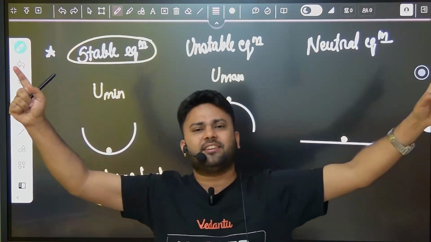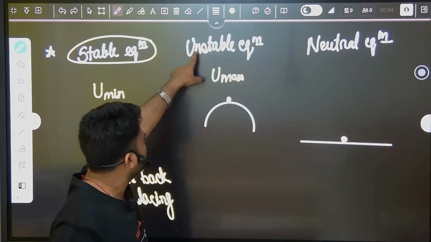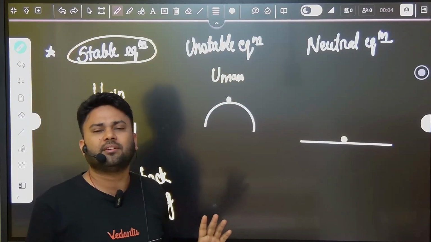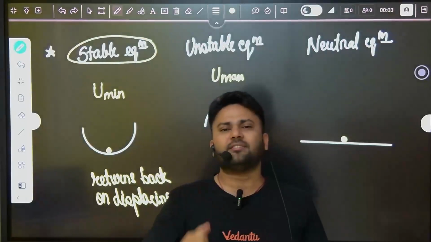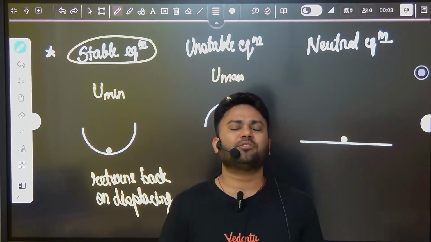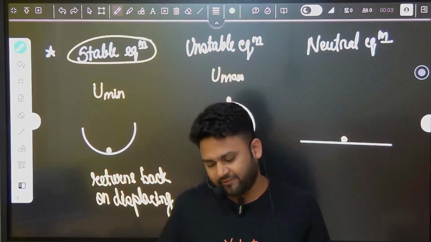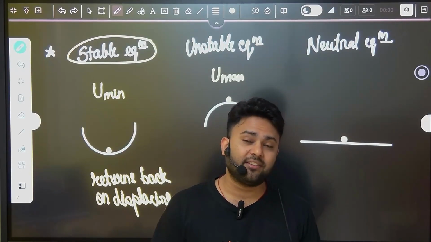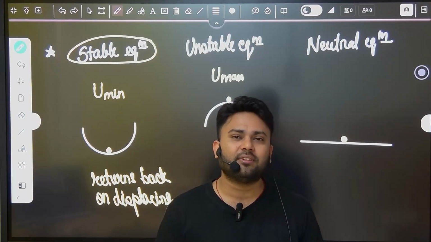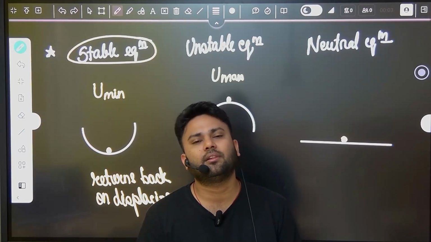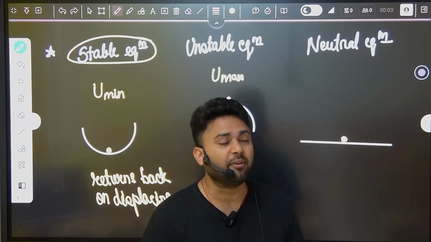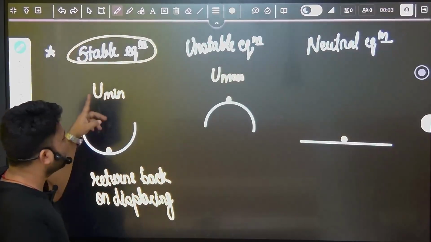Unstable means high energy, so unstable means energy will be maximum. Then what happens? After 1 hour you have danced, now you are exhausted. Now you will take one chair. Now energy is minimum, energy is down. You will sit on the chair. You will become stable. Stable means minimum energy. You can remember like this.